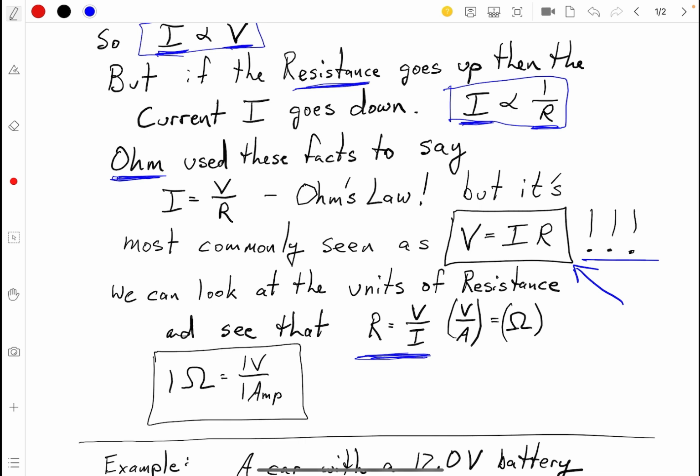That's why I've got the 3 exclamation points. The ridiculousness of it, because really we're going to use it all the time. If you're not sure what to do in a problem, throw V equals IR at it and see what happens. So we're going to use that all the time.